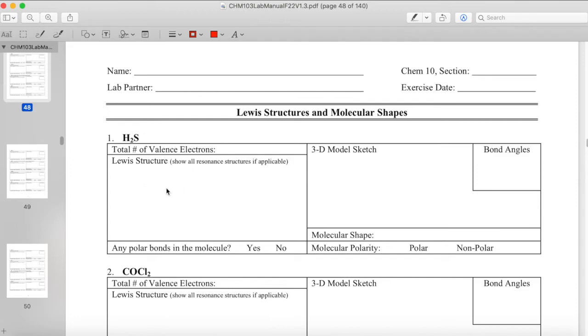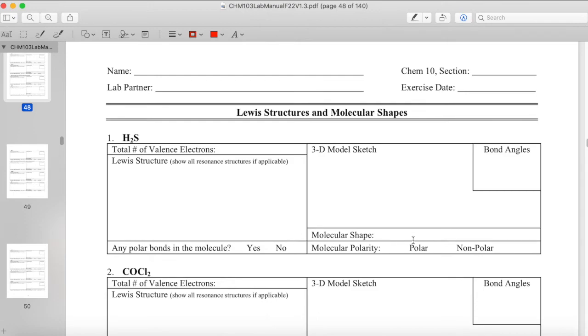You might have only so much room here, so if you can't fit all the resonance structures, just draw one resonance structure and mention how many resonance structures there are. If you can figure out how many resonance structures there ought to be, that's fine. I think that's sufficient to show that you know how to do it, as far as I'm concerned.